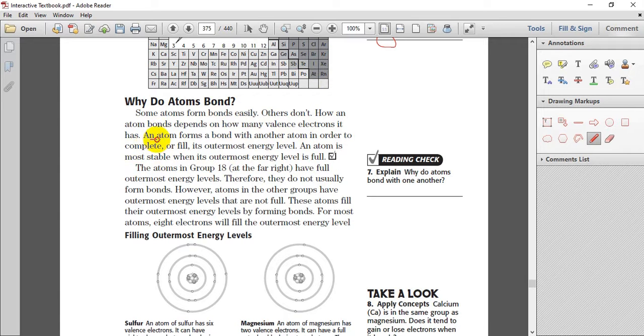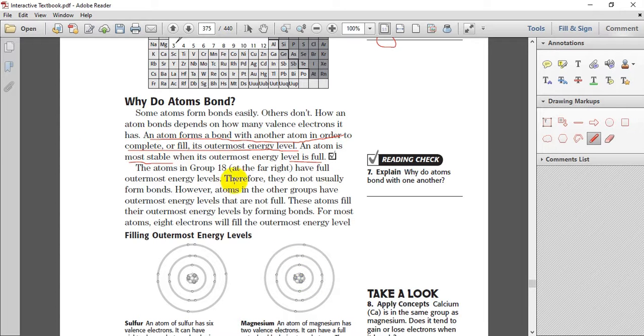So why do atoms tend to make bonds? To complete or fill the outer shell, the outer energy level. In this case we say that the atom is most stable when the outer energy level is full. So when the outer energy level is full with 8 electrons, this means that the atom is very stable.